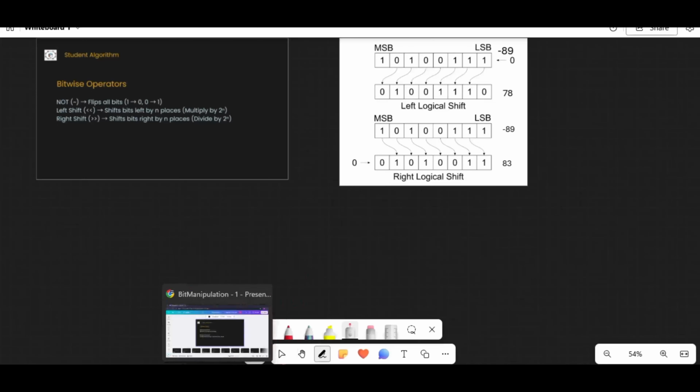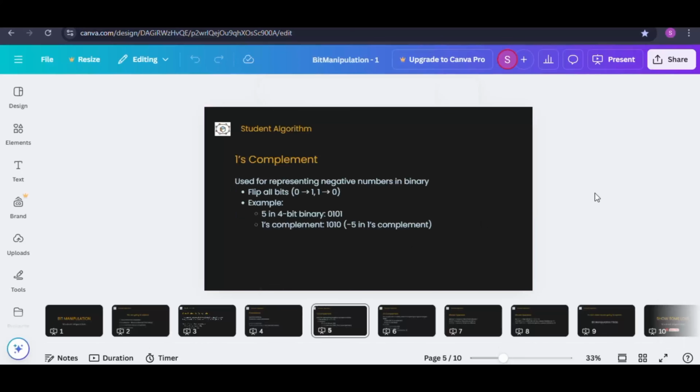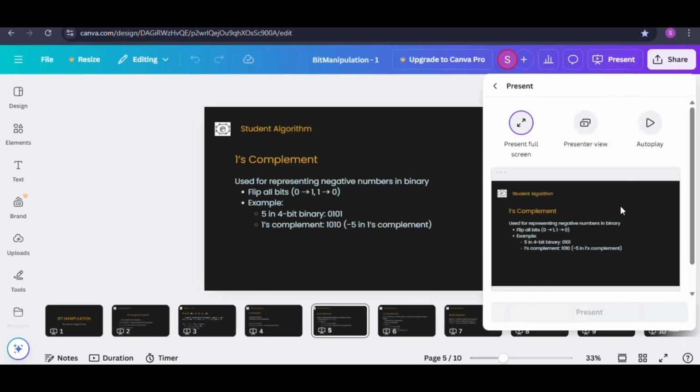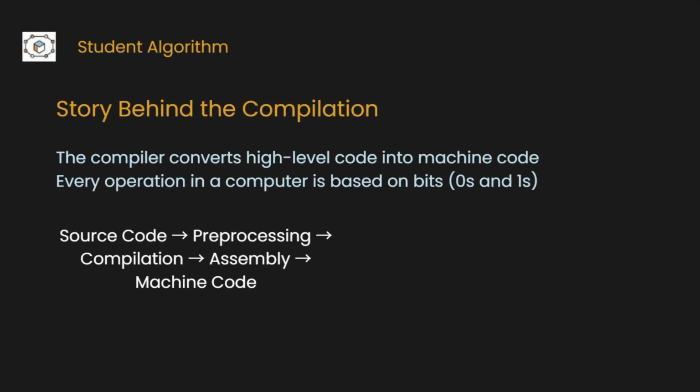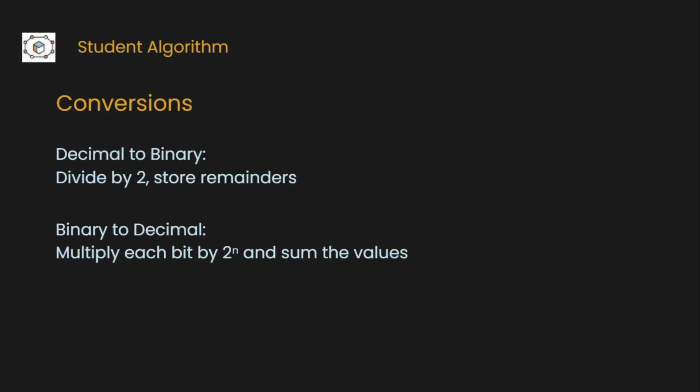Now let's revise what we have discussed entirely. In the bit manipulation playlist, we discussed the story behind compilation: source code, then pre-processing, then compilation, assembly, and machine code. The process converts the high level language to machine code to execute. Then the conversions: how to convert decimal to binary and binary to decimal.